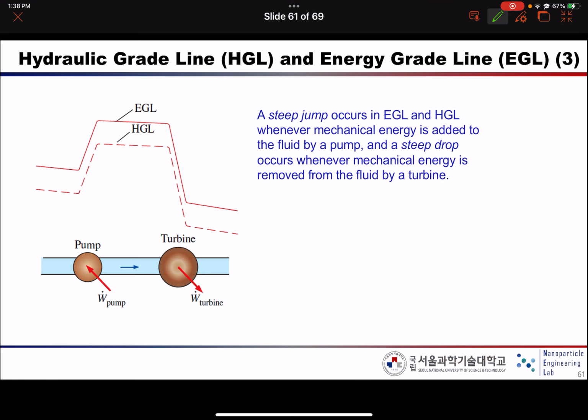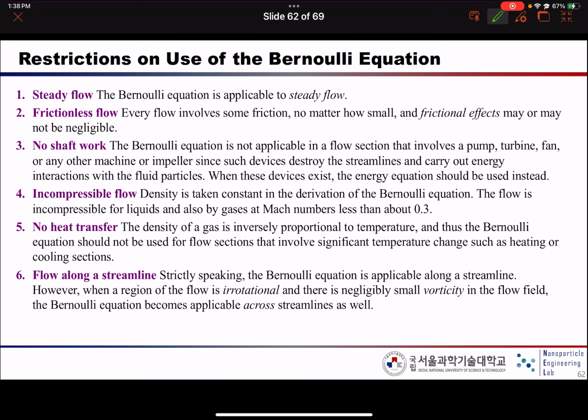Okay, and also if we supply energy by using a pump and extract energy by using a turbine, in that case the energy grade line and the hydraulic grade line also suddenly change. This is also very common, right?